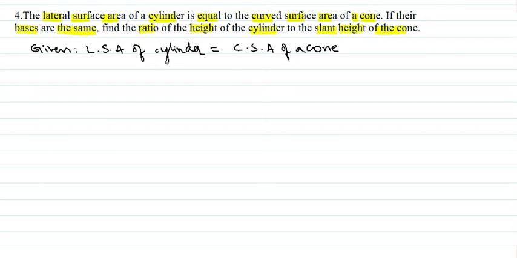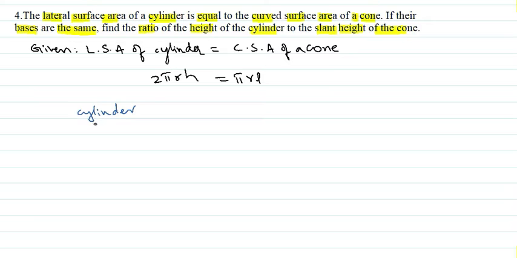So what are the formulas? LSA of the cylinder is 2 pi r h, which is equal to the curved surface area of the cone formula, pi r l. Now we are going to find the ratio of the height to the slant height of the cone, and here their bases are the same. So now I am going to write the dimensions for the cylinder and cone.